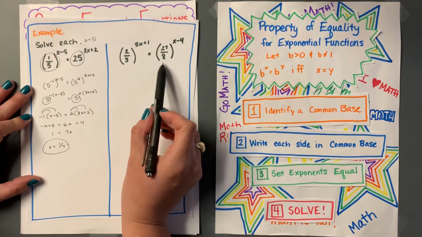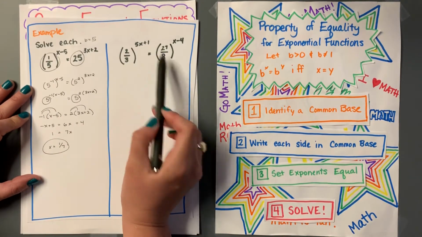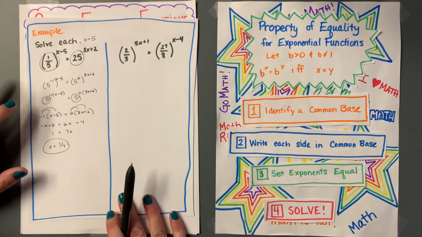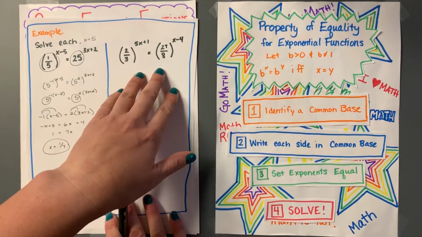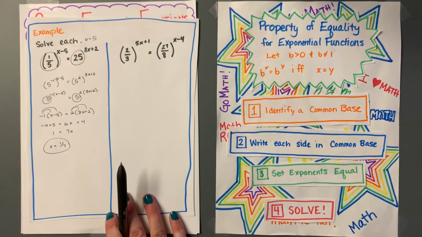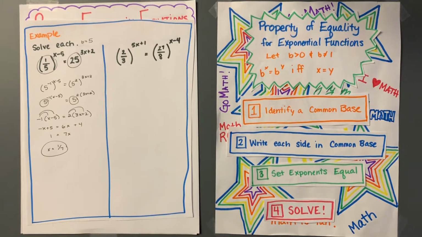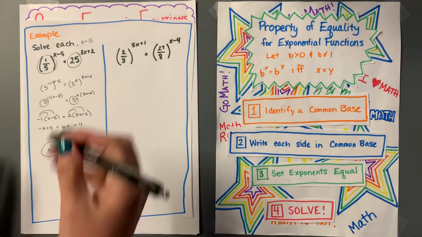Moving on to this problem, I have (2/3) raised to the 5x plus 1 and (27/8) raised to the x minus 4. When I have fractions like this, I like to try to use fractions greater than 1. I find it just to be a little bit more straightforward for me to make sure everything is working out the same.